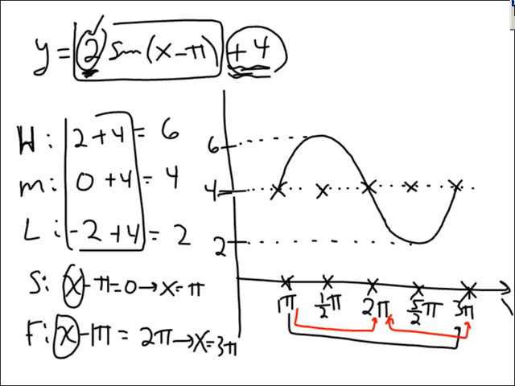Now, the only thing we need to do is figure out where the y-axis should really go. If you look at this distance, which is the same as this distance, it goes from 1 pi to 2 pi, which is a length of pi. But we're starting at pi. Right here is pi.